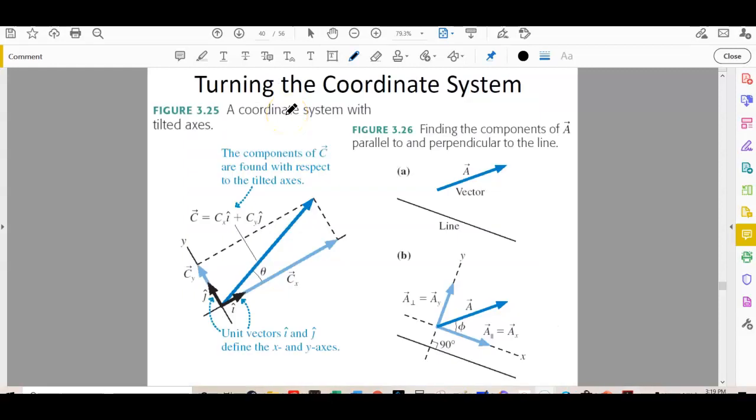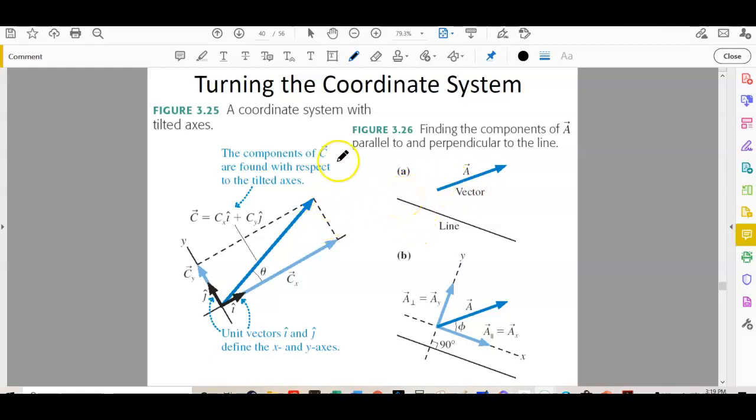While we're here, sometimes you have to turn a coordinate system, and we're not going to get into this really until we get into forces, where we'll be doing forces on an inclined plane, but I want to touch upon it briefly, okay? Sometimes if you have a vector that's pointing up and to the right, just like this, there are cases where you're going to need to twist the coordinate system.